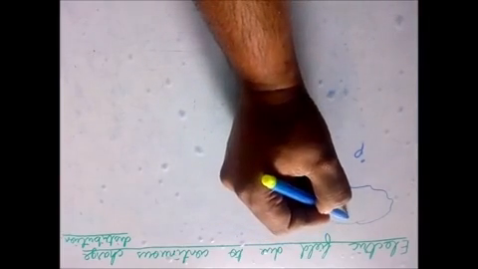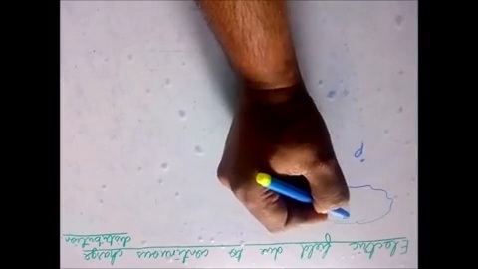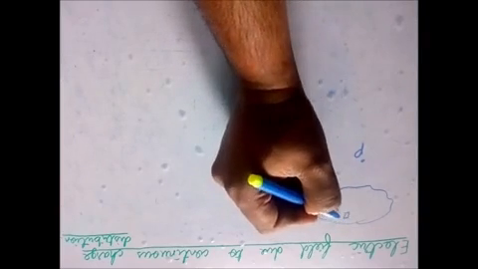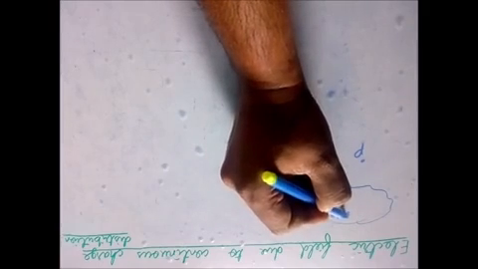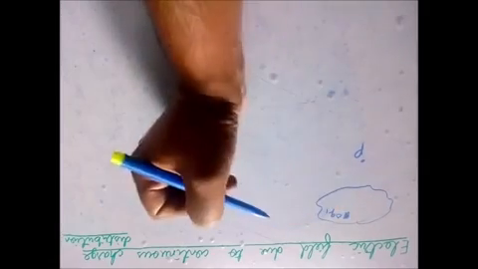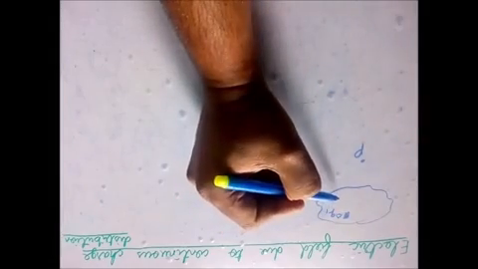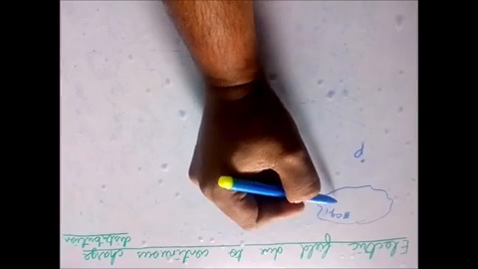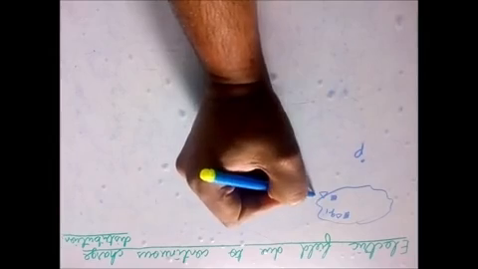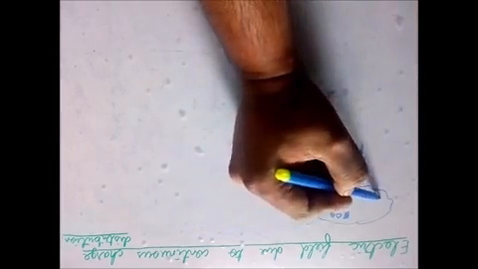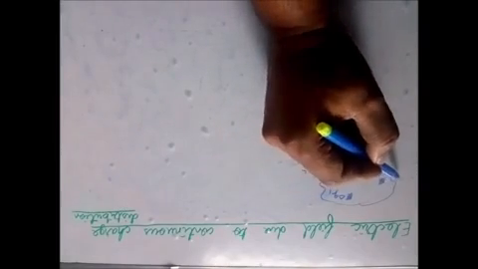So let me take a small charge here. The textbook draws it as a box. Let this small charge be delta q1. At this point we take another charge, delta q2, and at this point delta q3.